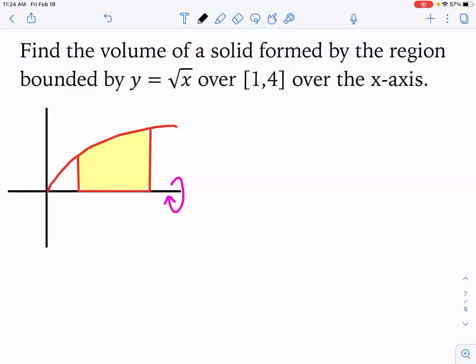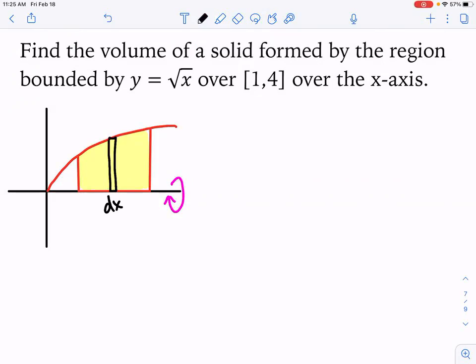Now, what I want you to do is imagine this rectangle with thickness dx rotating about the axis. What is it going to create? A disc. There's no hole, right? Disc washer.